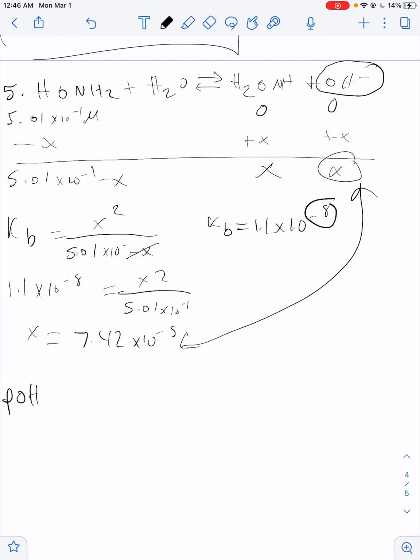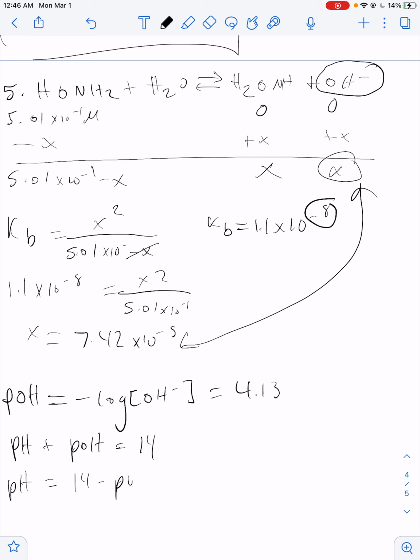We do not have that, we have OH minus, so first we find pOH, which is negative log of OH minus, and that's going to be 4.13, and pH plus pOH equals 14, so pH equals 14 minus pOH, so pH equals 9.87. There we go.